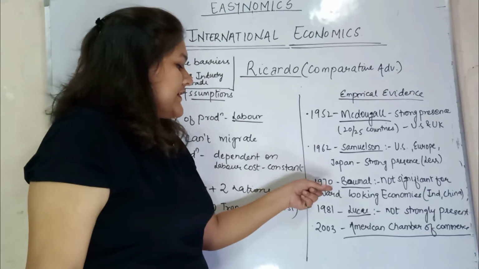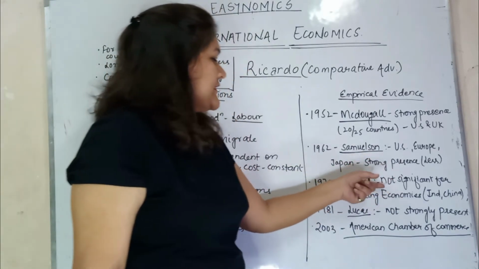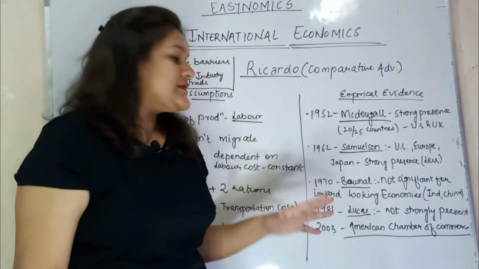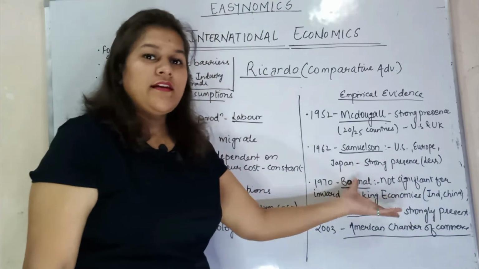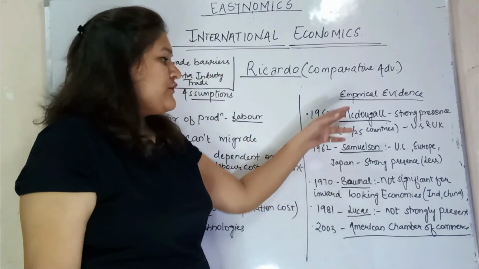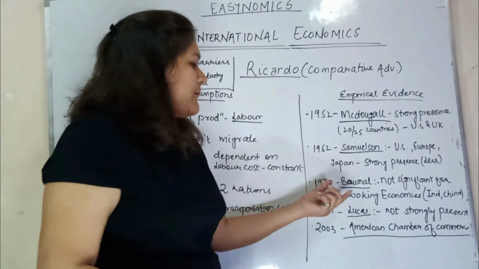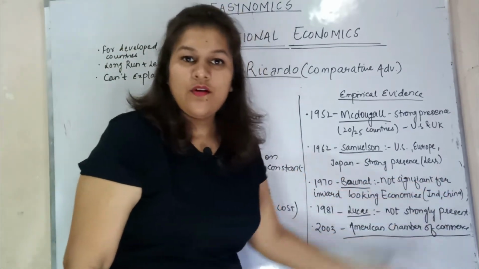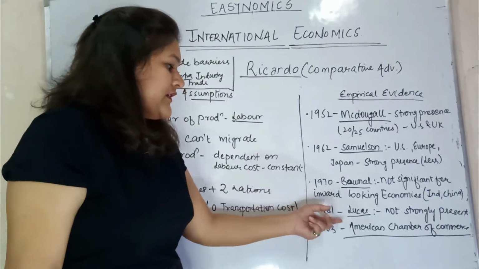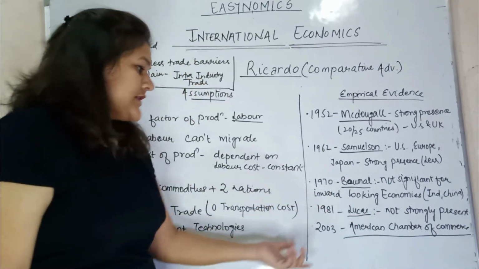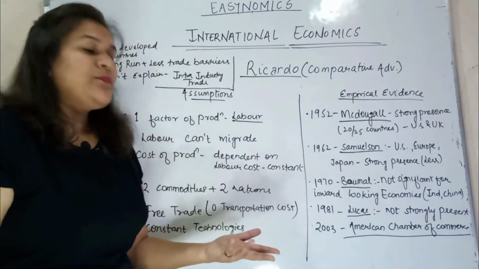Then in 1970, Baumol conducted another test, but he said that this is not a significant factor for inward-looking economies like India and China. It is useful for developed countries like the US, UK, Europe, Japan, but not for India and China, which were inward-looking economies. Now in 1981, Lucas conducted another test, which also said that it is not strongly present.